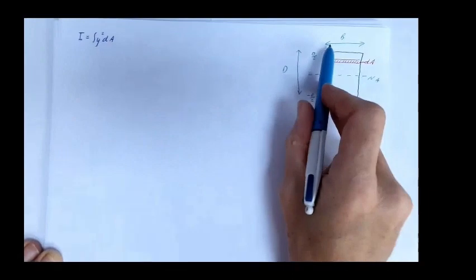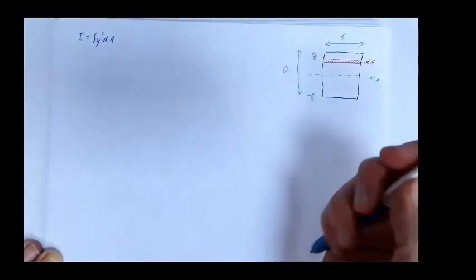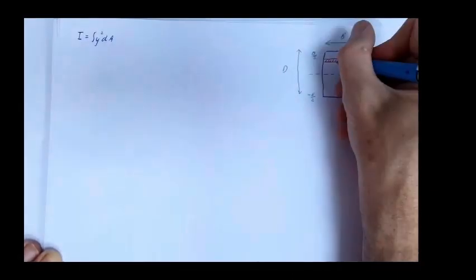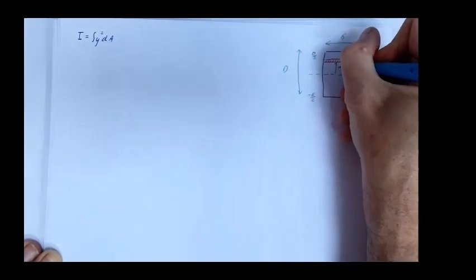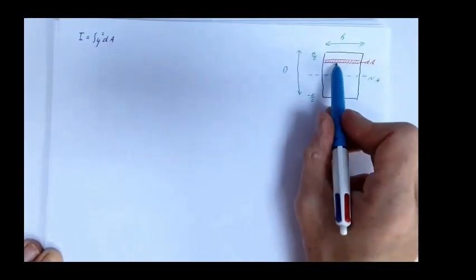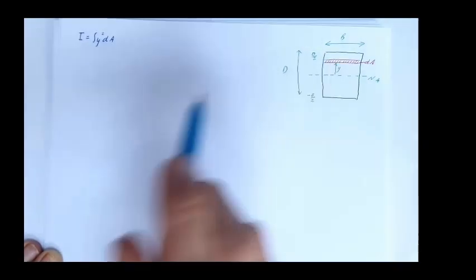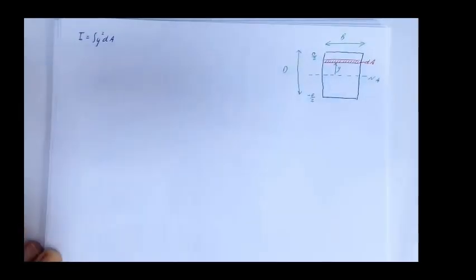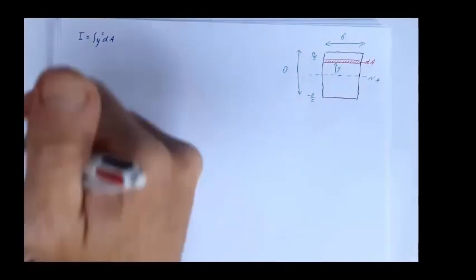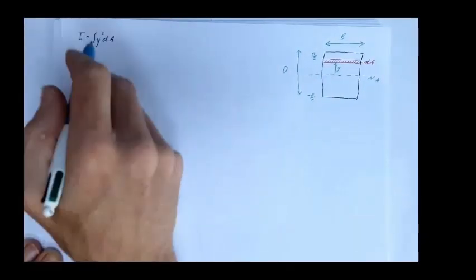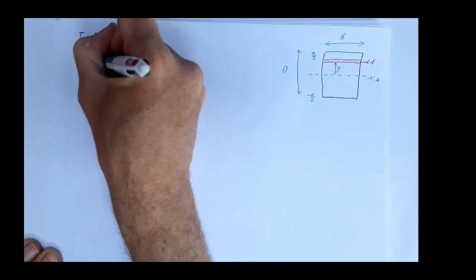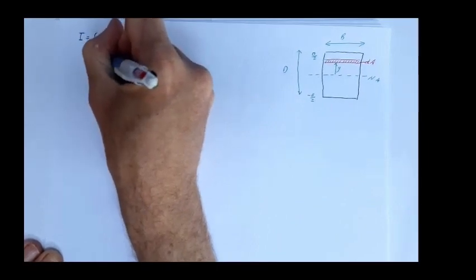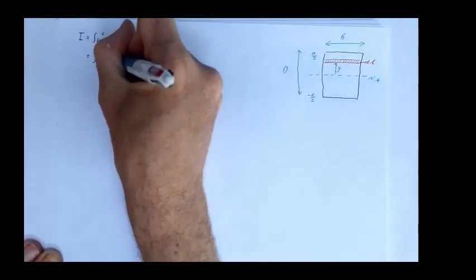dA is b meters wide, and that is y meters on the neutral axis, and it's dy meters high. Okay, so when we look at calculating the second moment of area, the integral of y squared dA is the same as the integral of y squared b dy.